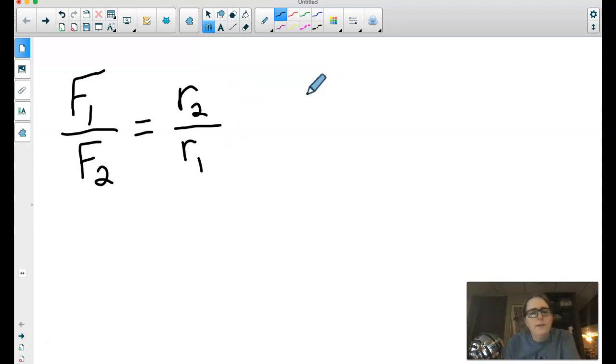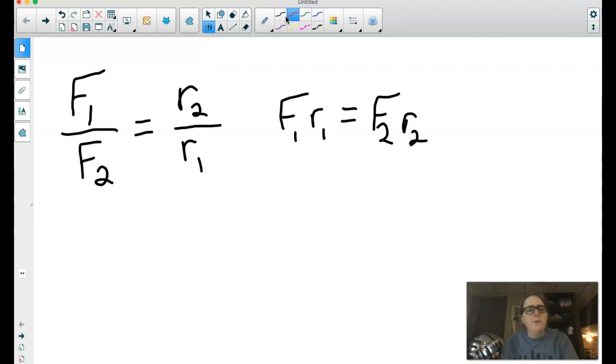Now you could write this a different way, where the product of the force times the distance for one object has to equal the product of the force times the distance of the other object. Either way, those mathematically end up being equivalent, and so they're both useful ways to think about this.